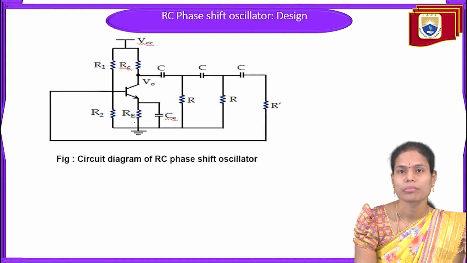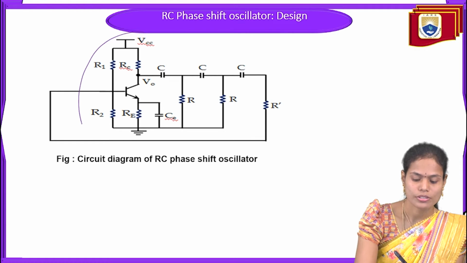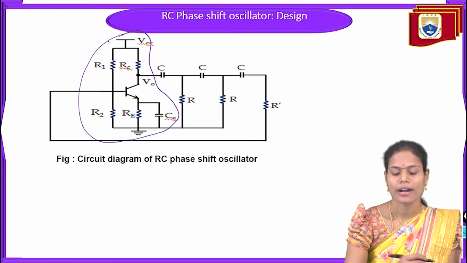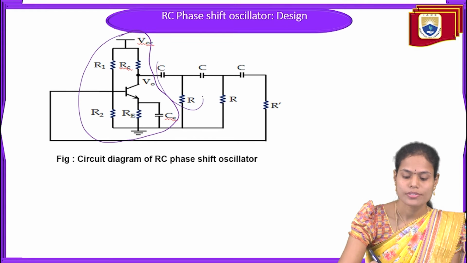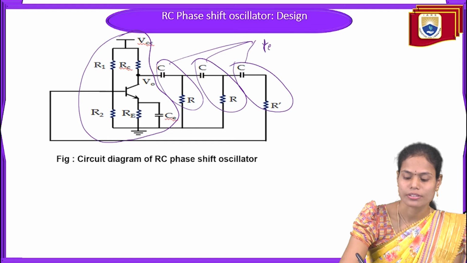In the case of the amplifier, I am taking the common emitter amplifier with voltage divider biasing here. This is the common emitter amplifier with voltage divider biasing, and these three capacitor and resistor pairs are the feedback networks.